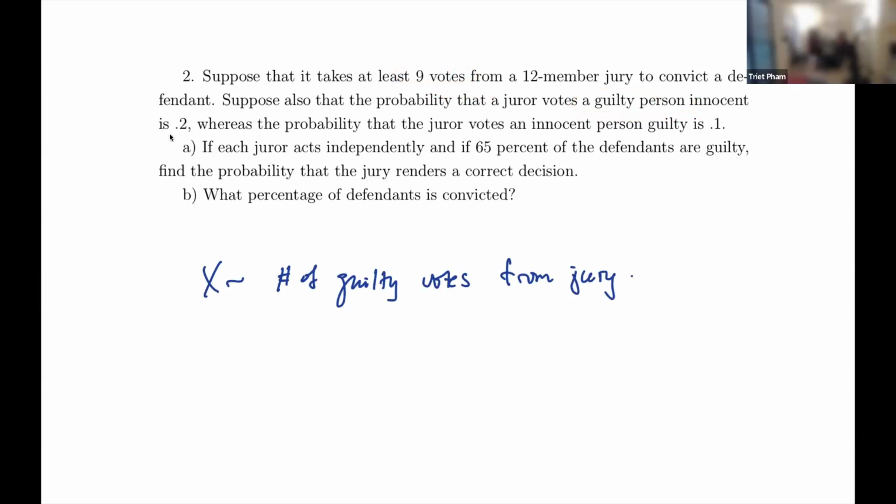Now, similar to the previous question, what do we know about X? What distribution does X have?